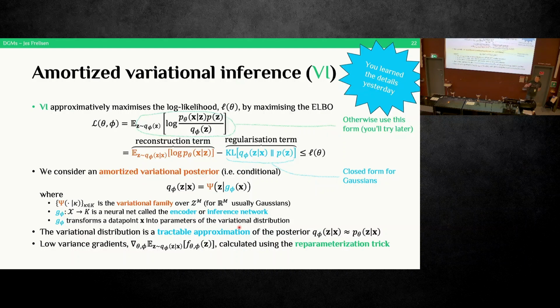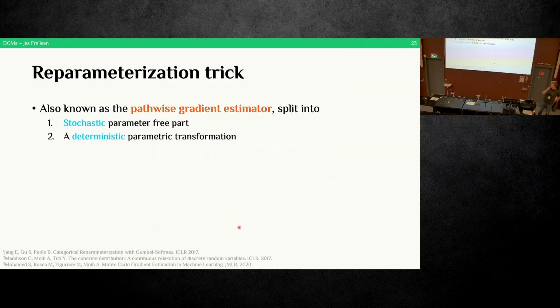I don't want to go into details with these things because you've already been through the details here, but I just want to mention two things about the reparameterization trick. One is that it's known under many names. It's also known as the pathwise gradient estimator.